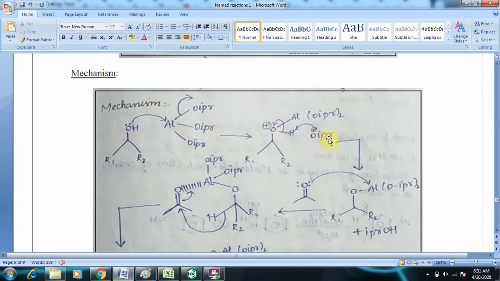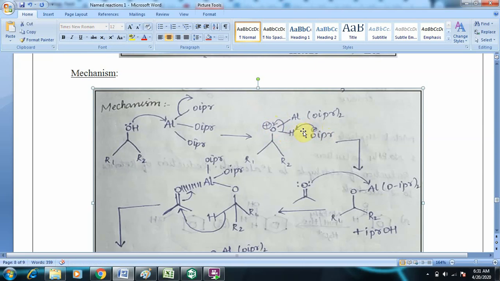And the isopropoxide anion which is going out will pick up the proton attached to the OH group, and the bonding pair of electrons is given to oxygen to nullify the positive charge. You know that oxygen cannot accommodate a positive charge, so it has to pull the bonding pair of electrons.